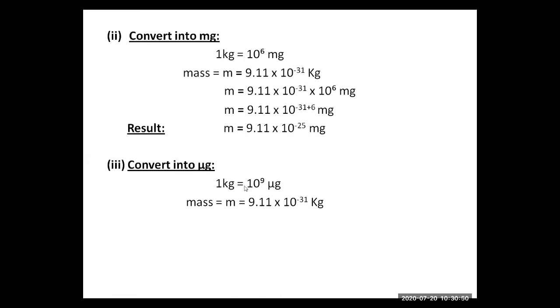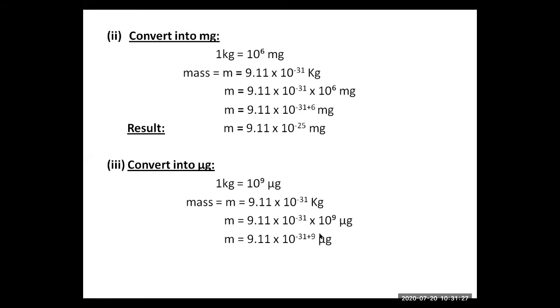After that, we will multiply 10 raised to the power 9 with this given. So it will become m is equal to 9.11 multiplied by 10 raised to the power minus 31 multiplied by 10 raised to the power 9 microgram. After that, we will simplify it. So we will write m is equal to 9.11 multiplied by 10 raised to the power minus 31 plus 9.